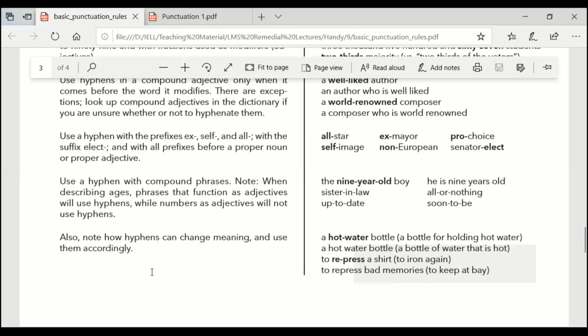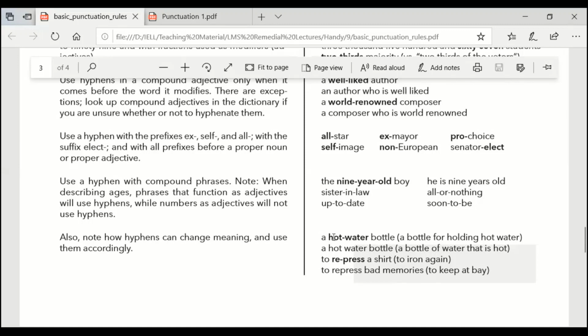A hot-water bottle would mean a bottle for holding hot water. A hot water bottle without a hyphen would mean a bottle of water that is hot at the moment. So in the second sentence, hot is an adjective describing a water bottle.